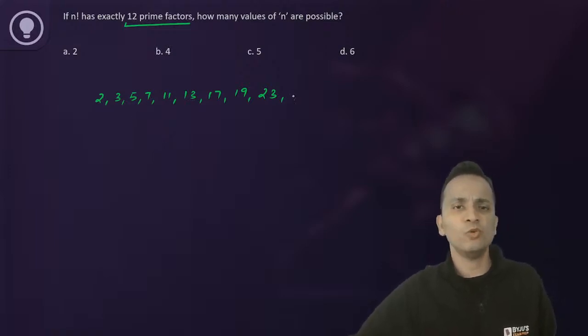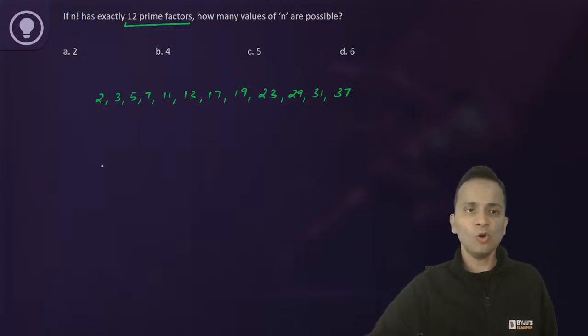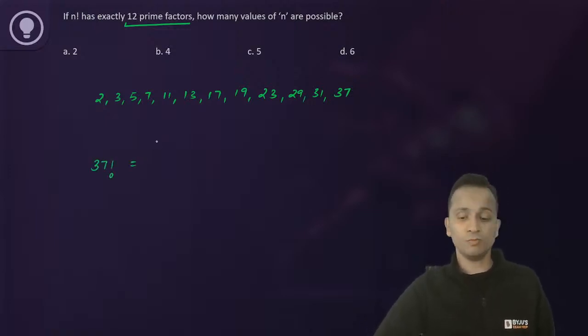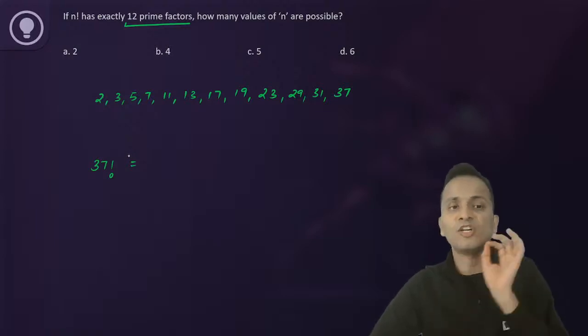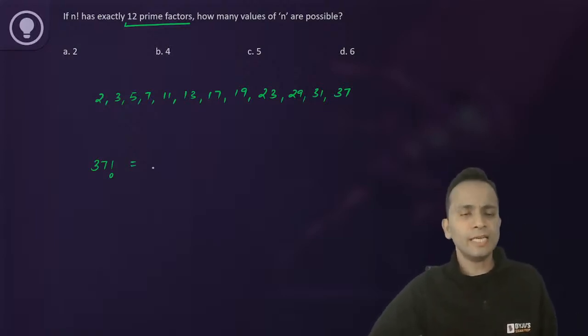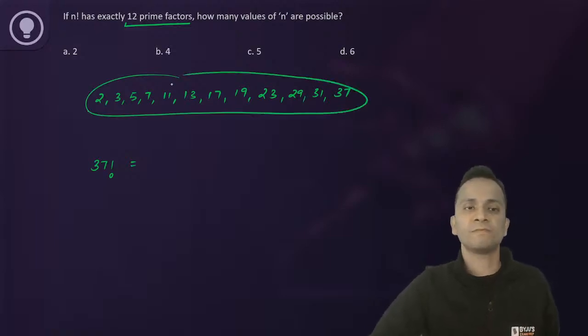So far only 9. After 23 come 29, 31 and 37. Okay, so if I write 37 factorial, then 37 factorial in its prime factorization will have all these prime factors. How many?